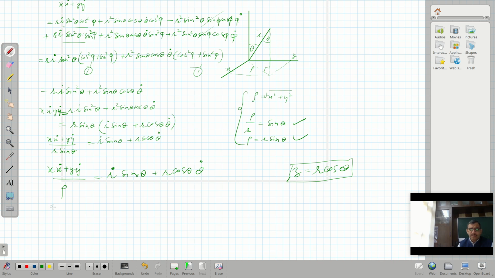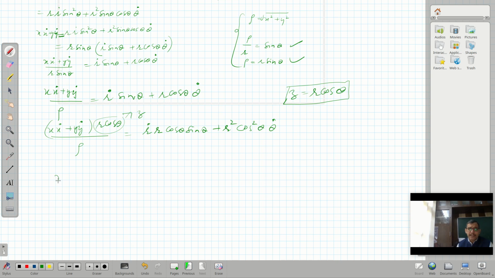So if I multiply both sides by y dot, it is r cos theta divided by rho equal to r dot cos theta sine theta plus r square cos square theta theta dot. And what is this? This is basically z.